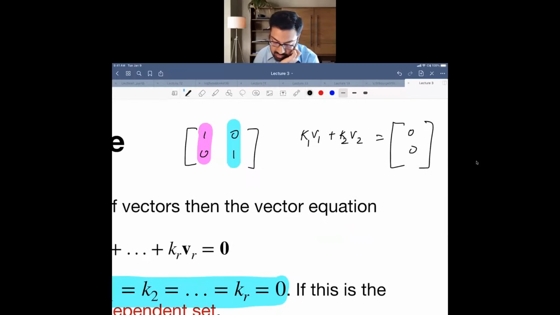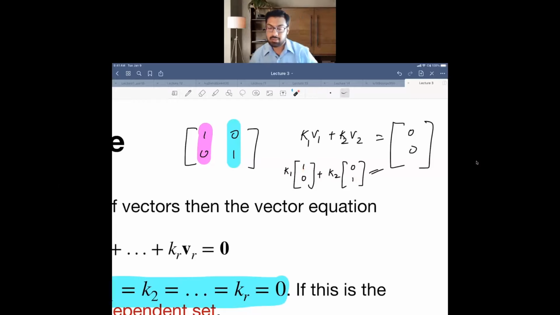How do you get 0 0? That means k1 times 1 0 plus k2 times 0 1 should equal 0 0. The only way you can get that is if k1 and k2 are zeros. You guys see that? That's the only way, because there's no other way you can cancel out the ones, since you have a 0 on the right.